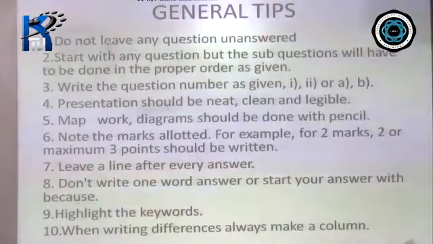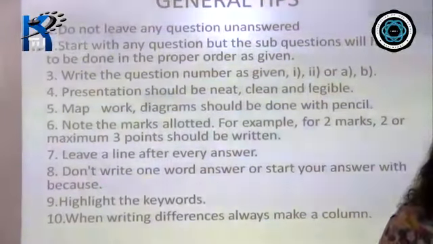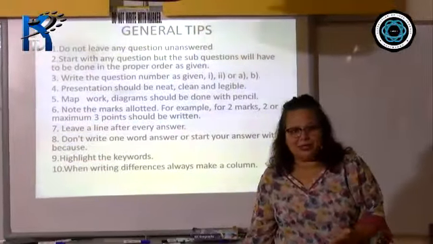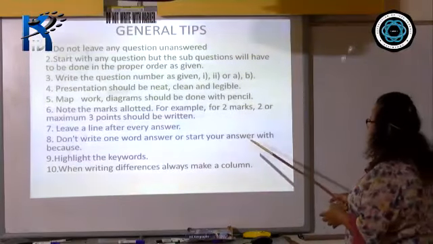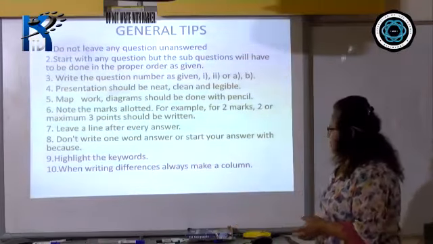Leave a line after every answer, which is already known to you all. And don't write one word answers. Supposing a question asks what type of climate India experiences, don't just write tropical monsoon climate. Always start your answer properly, and don't start your answer with 'because'. Write proper answers.